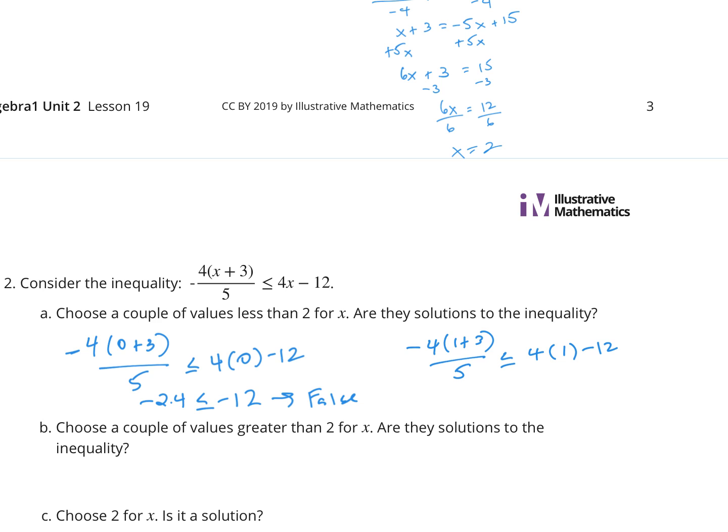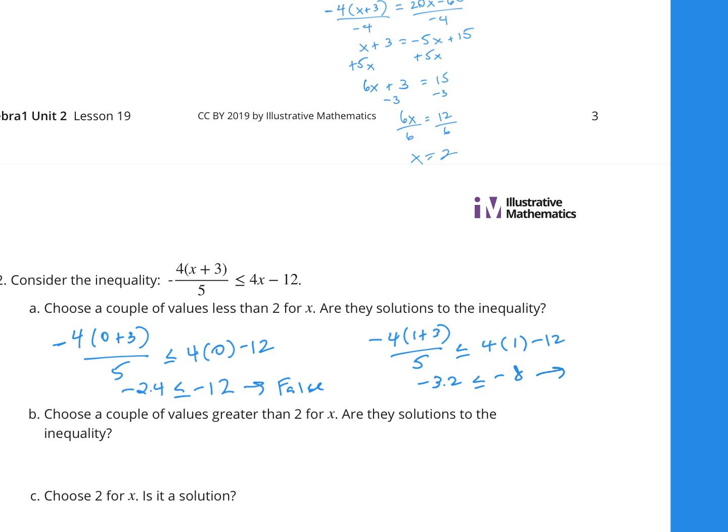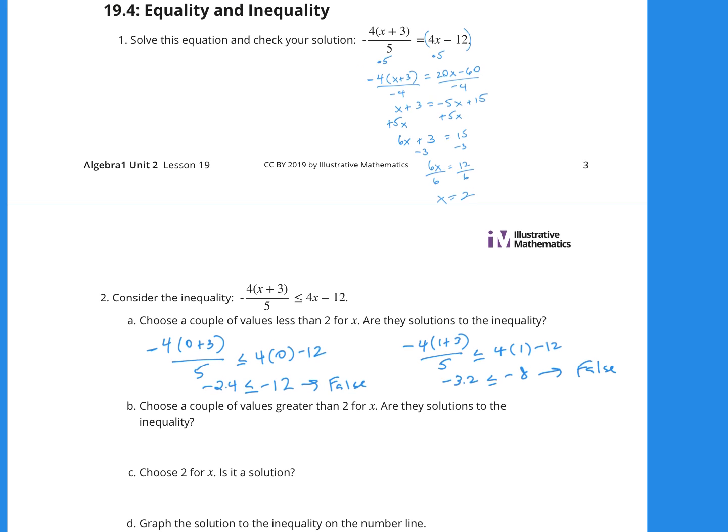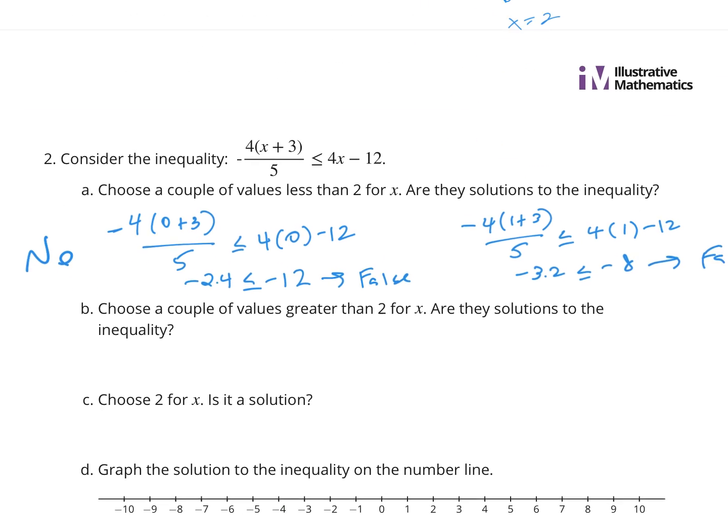Negative 4 times 4 is negative 16. Negative 16 divided by 5 is negative 3.2. 4 times 1 is 4. 4 minus 12 is negative 8. So again, we're checking, is negative 3.2 less than or equal to negative 8? And again, we can see this is a false statement. So therefore, neither of these would be solutions to the inequality.